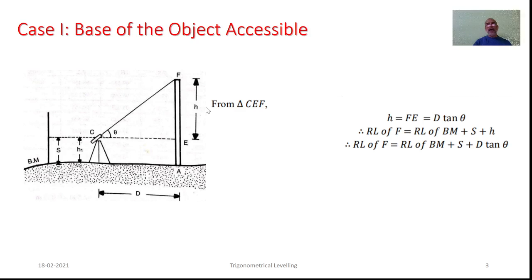Hence, this RL of station F can be expressed as RL of benchmark plus S plus this H. As we work out this H as d tan theta, RL of F can be worked out as RL of BM plus S plus d tan theta. So this is the simplest possible case as far as trigonometrical leveling is concerned.